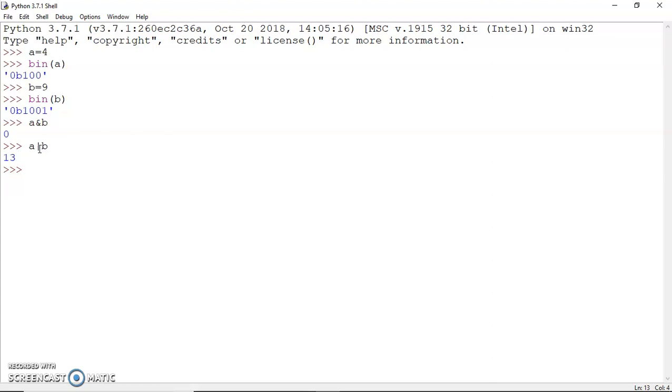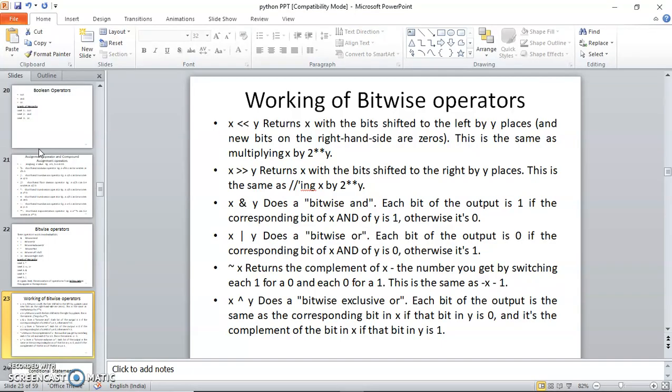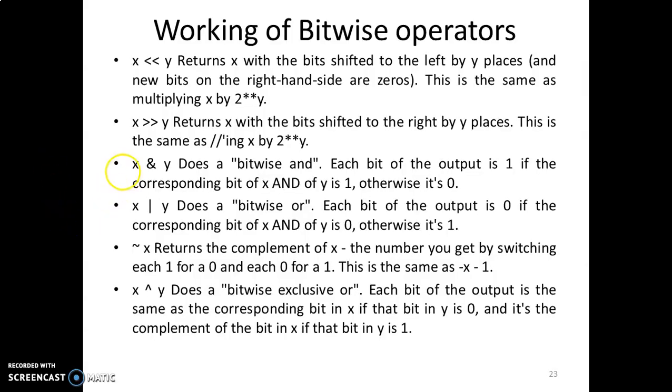And let me now discuss the bitwise exclusive OR with you. If we see the bitwise exclusive OR of a and b, the answer here is 13. The idea behind bitwise exclusive OR is that each bit of the output is the same as the corresponding bit in X if that bit in Y is 0, and it's the complement of the bit in X if that bit in Y is 1.